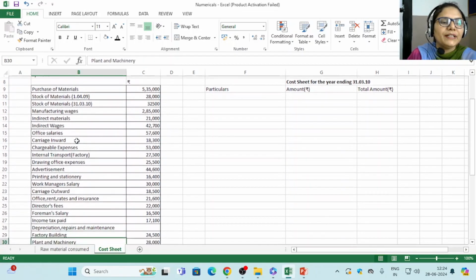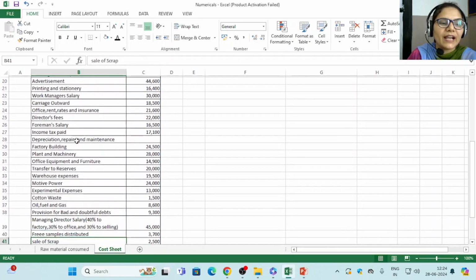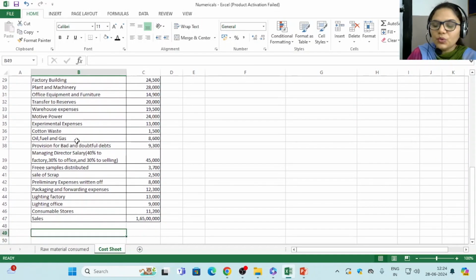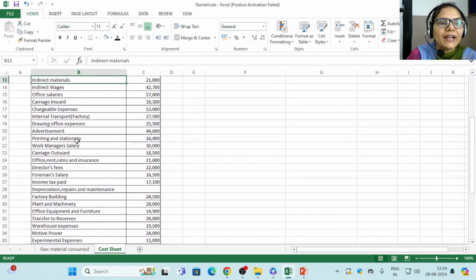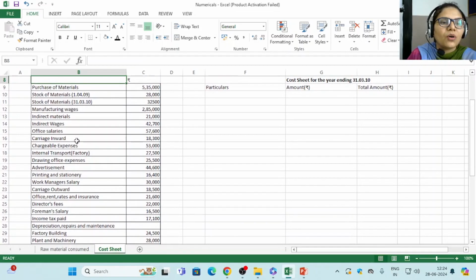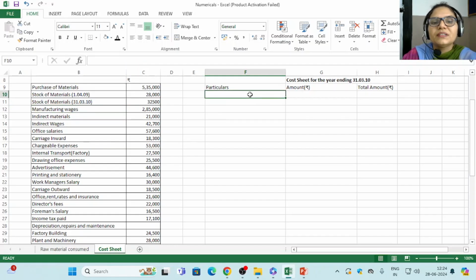In this, they have completely mixed all kinds of overheads, and it is now our duty to solve this problem and divide these overheads by their nature under the basic headings of prime cost, factory overheads, work cost and selling cost. Let us start. As we have discussed, the first step in solving a cost sheet is to calculate the cost of raw material consumed, which you have also solved in the previous session.